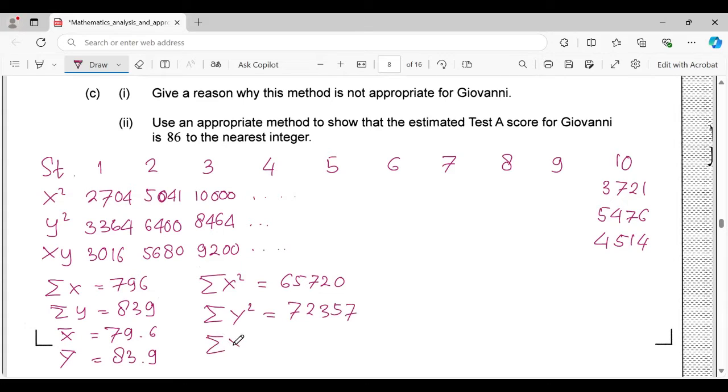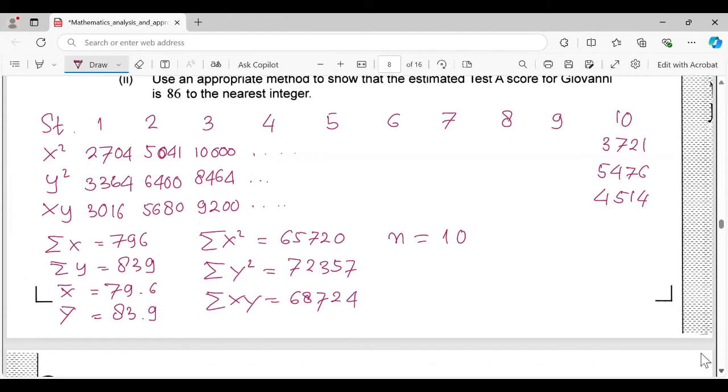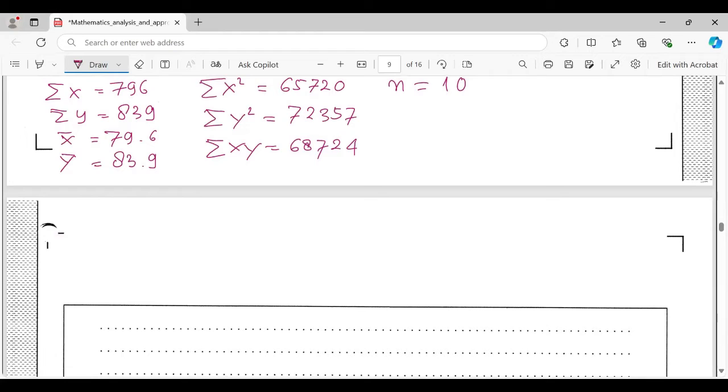Sigma x y is 68,724. I already calculated. And n, don't forget, n is 10. 1, 2, 3, 4, 5, 6, 7, 8, 9, 10 students. So that's why n equals 10.